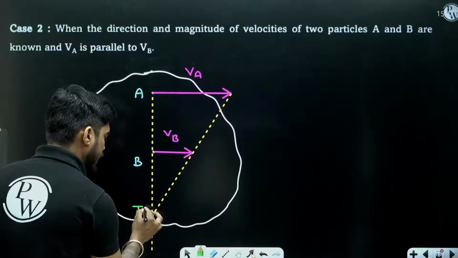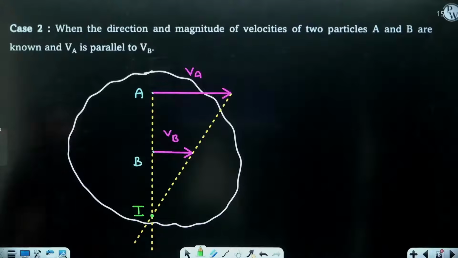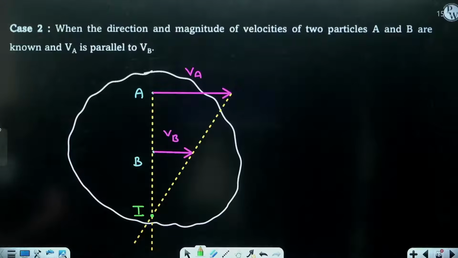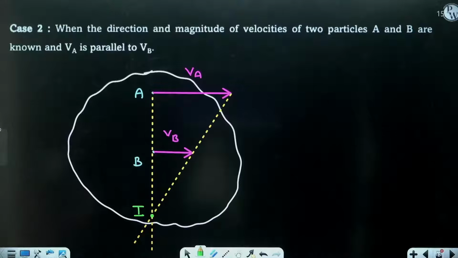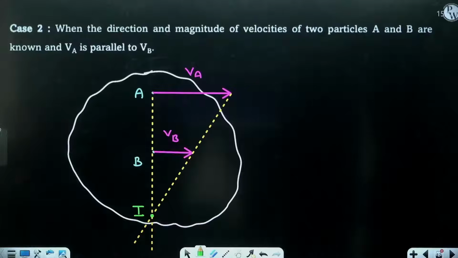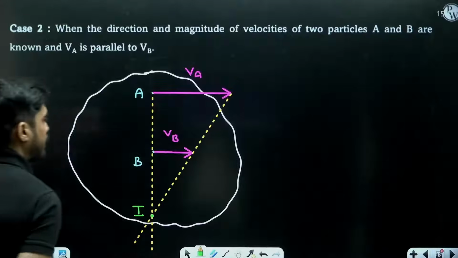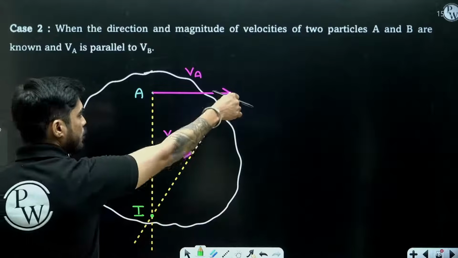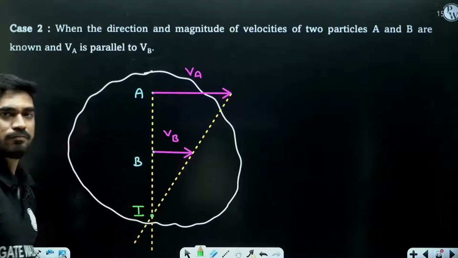And the point at which they are intersecting is your I center. So you are drawing two lines here. One is connecting A and B. Another one is connecting the heads of VA and VB.